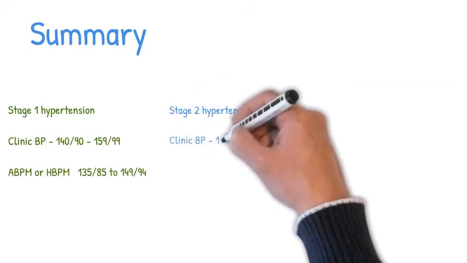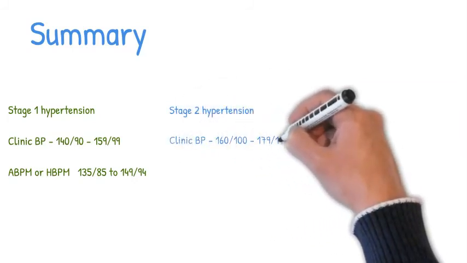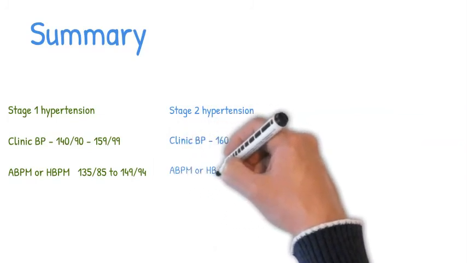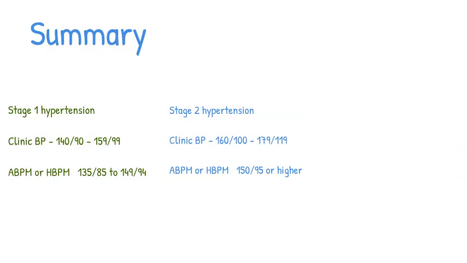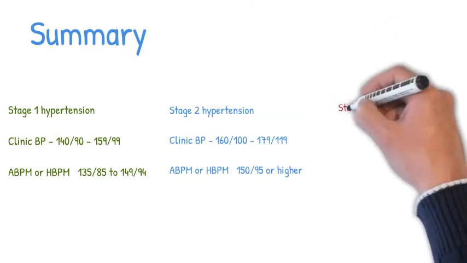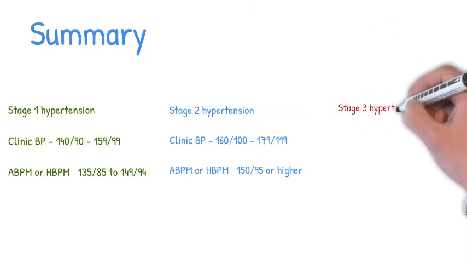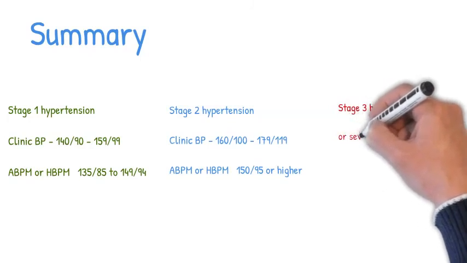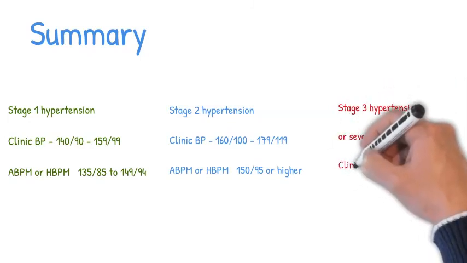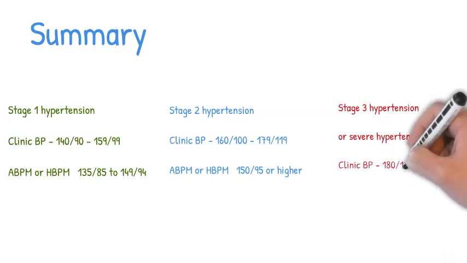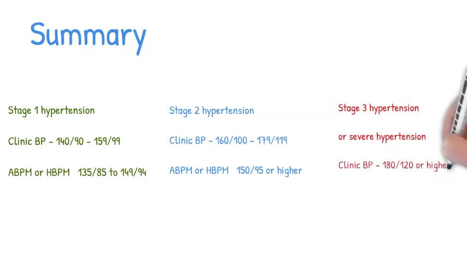Stage 2 is when the clinic blood pressure is between 160/100 and 179/119, or an ambulatory blood pressure monitor or home blood pressure monitoring of 150/95 or higher. Stage 3 hypertension or severe hypertension is when the clinic blood pressure is 180/120 or higher.